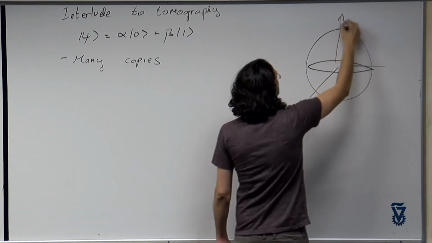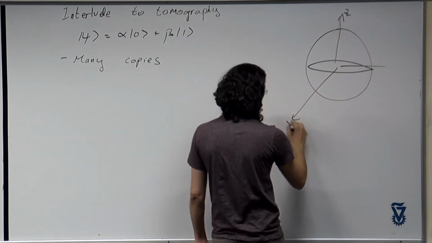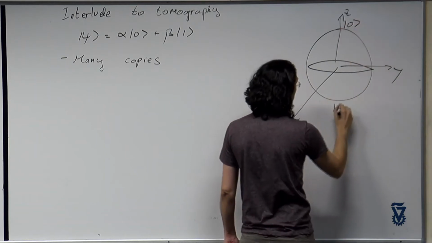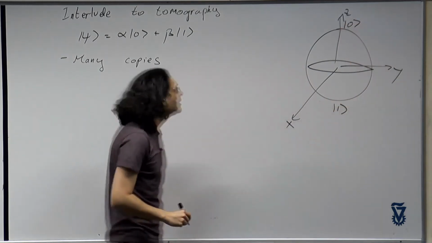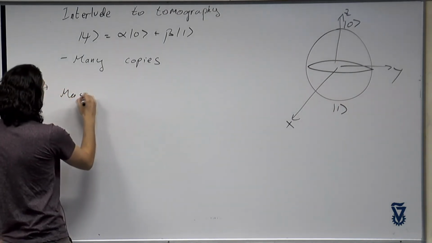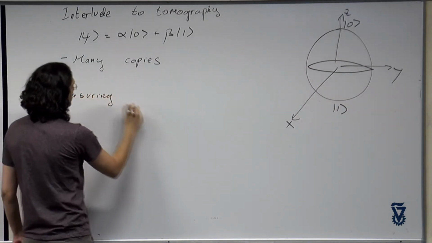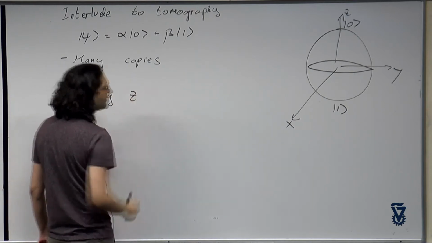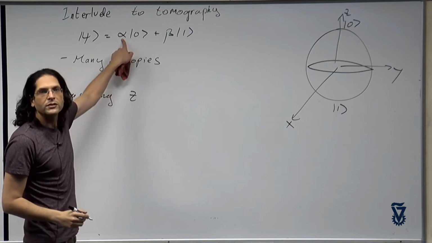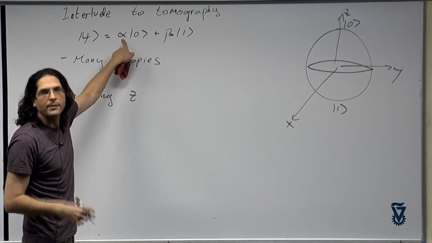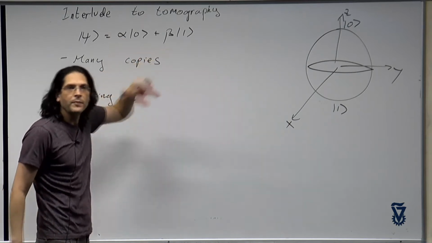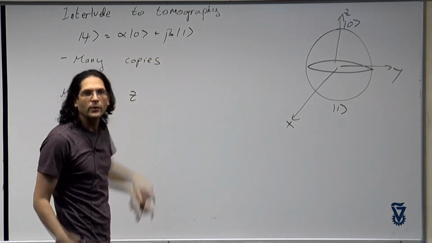If I only measure in the z basis, I get an answer of 0 or 1. Then measuring z will basically give me alpha squared, and because I know that alpha squared plus beta squared equals 1, it will give me alpha squared and beta squared.